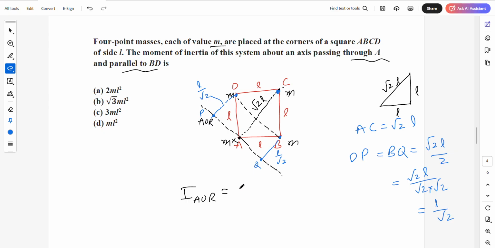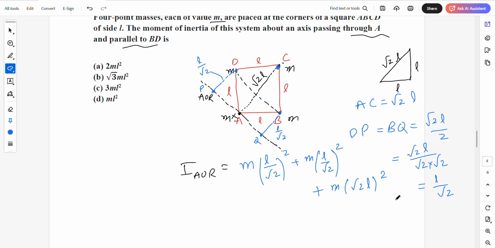Therefore, let me take mass m: m, L by root 2 the whole square, plus this m, L by root 2 the whole square, plus the mass kept at c, m into root 2 L the whole square.